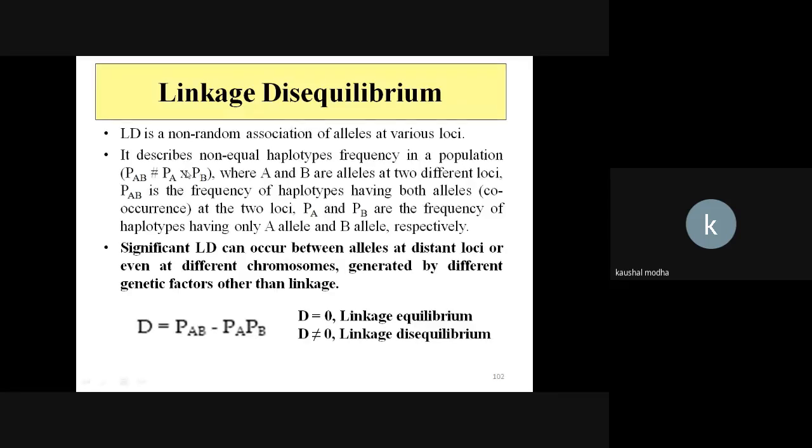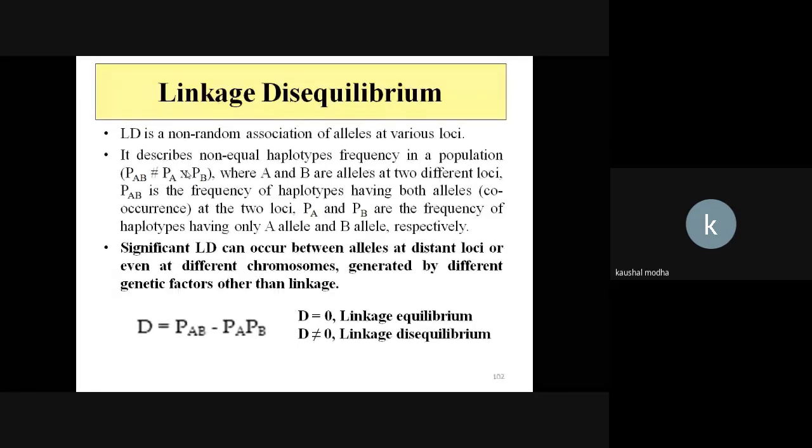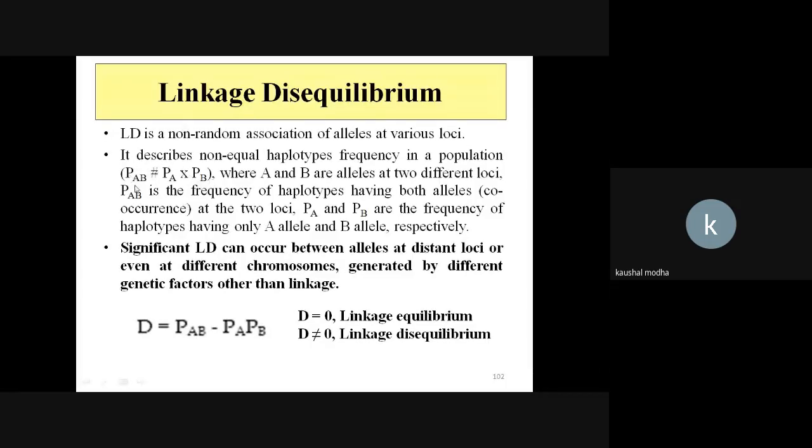But if there is some kind of non-random real association between these two alleles, then their joint occurrence will not be equal to the multiplication of their independent probabilities, but would be much higher. So we can derive the formula for linkage disequilibrium.